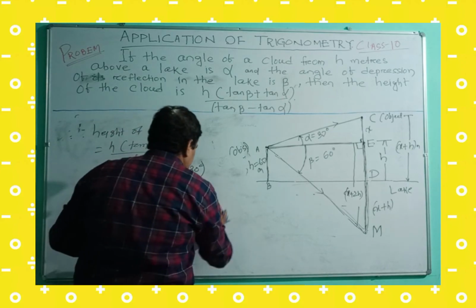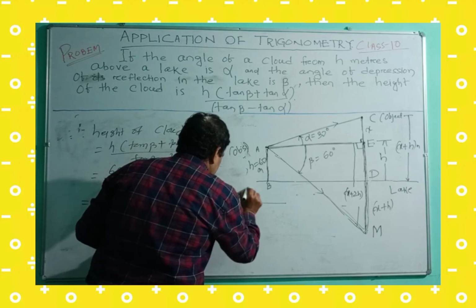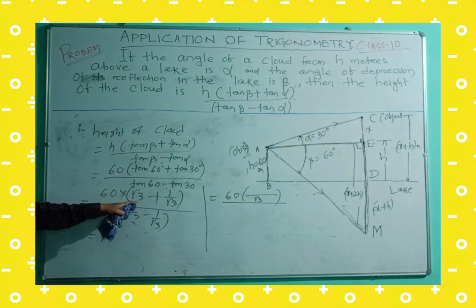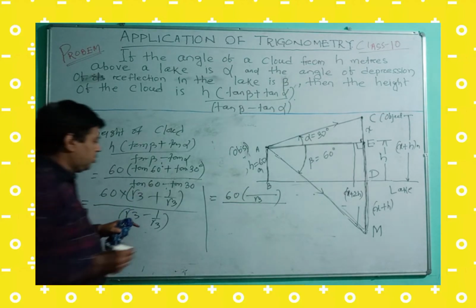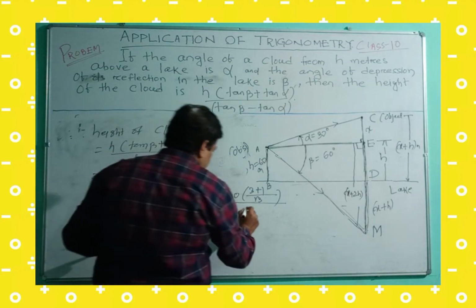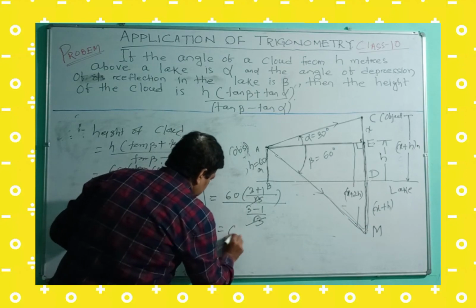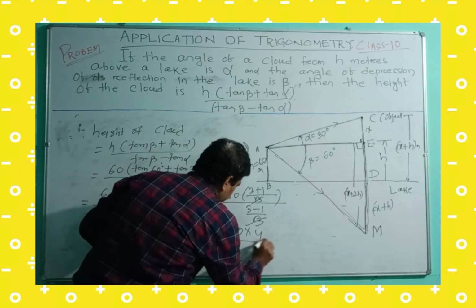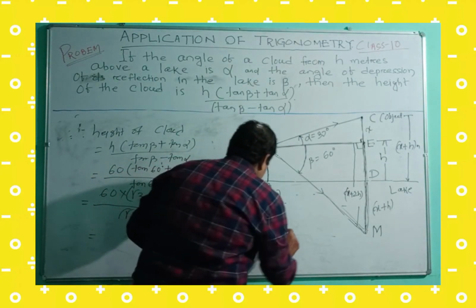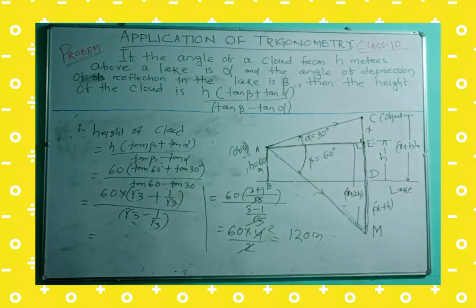Here 60, and here LCM is root 3, and root 3 multiplied by root 3 is 3, plus 1, and here 3 minus 1 by root 3, and root 3 will be cancelled. So 60 into 3 plus 1, 4, here 3 minus 1, 2. Cancel 2 into 4, 60 into 2, 120 meter, and the height of the cloud is 120 meter, right?